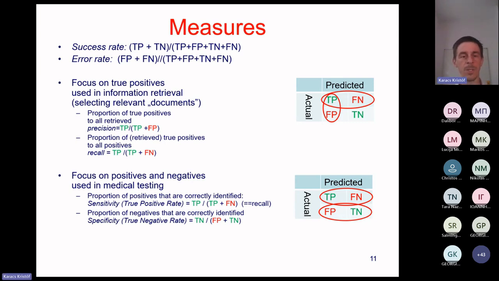And the error rate is just 1 minus the success rate, or you can just say that it is the ratio of all the falsely predicted cases out of all the predictions.